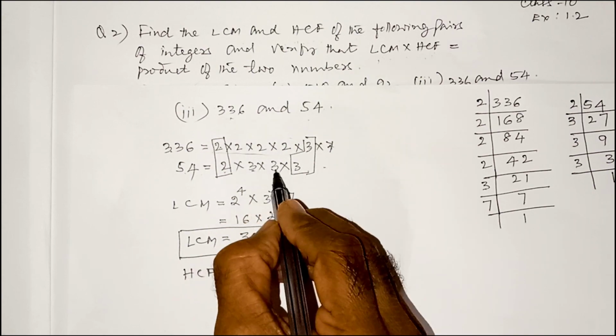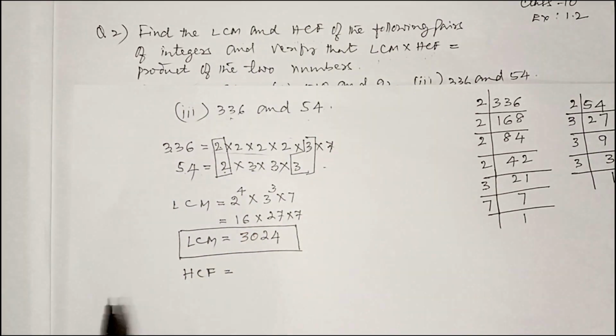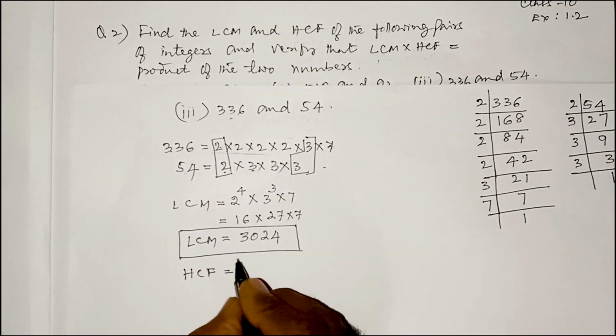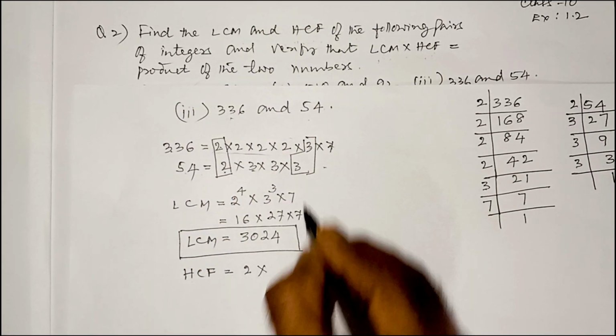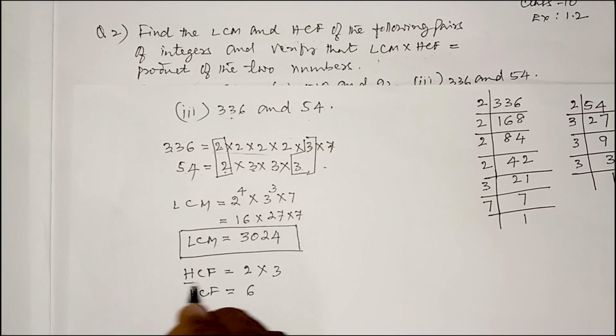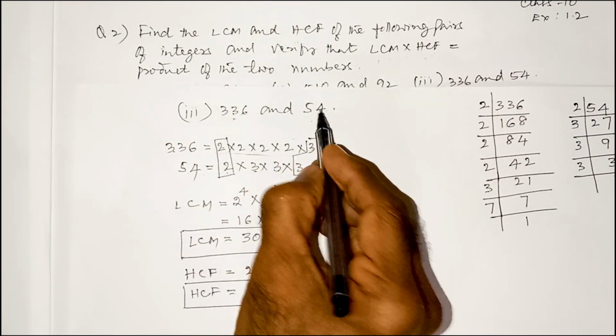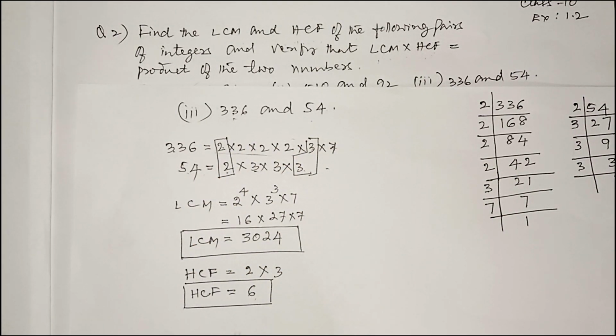Similarly, 3 square doesn't appear in the first line. Therefore, you need to omit them. So you need to write down 2 into 3. This is how you have to find out the HCF, that is equal to 6. Therefore, the HCF of these two numbers, 336 and 54, is 6.